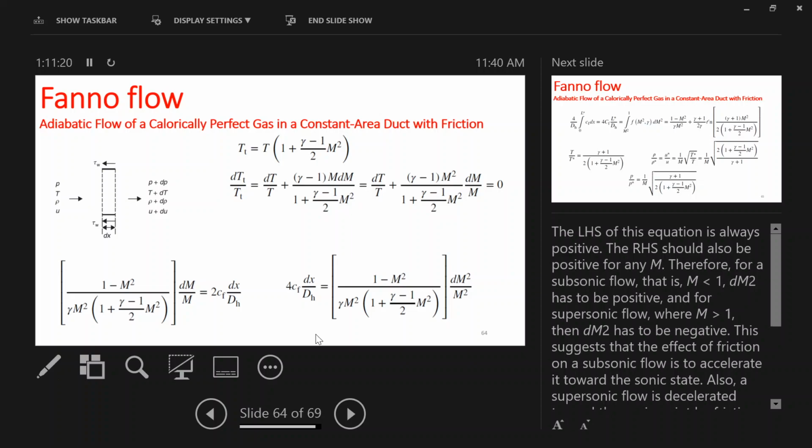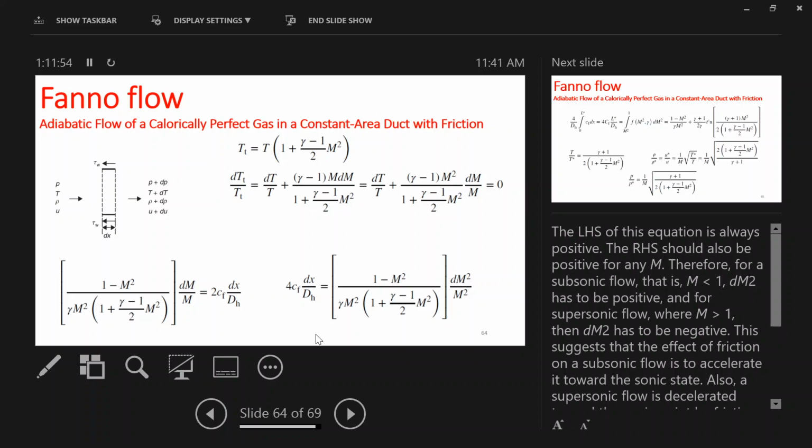So this whole thing is going to be dT over T plus whatever we have here is equal to 0, right? So this means that we can replace dT over T by something multiplied by dM over M, in the equation we had in the previous slide. So let's do that.